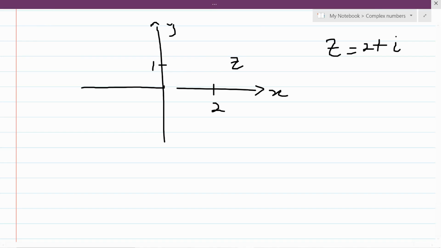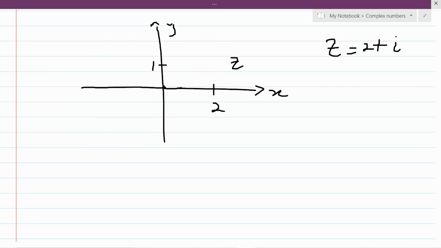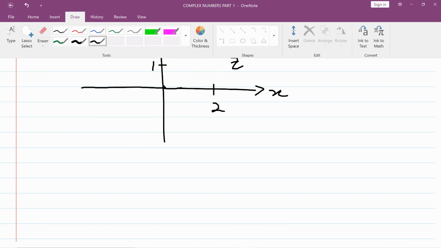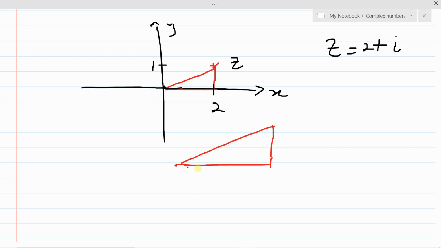Let me use another pen. If Z is here and the line is straight, then we can draw another line here and a line here, so that we form this Pythagoras right-angle triangle, with this being the angle theta, the angle that it makes with the x-axis. And here will be what?